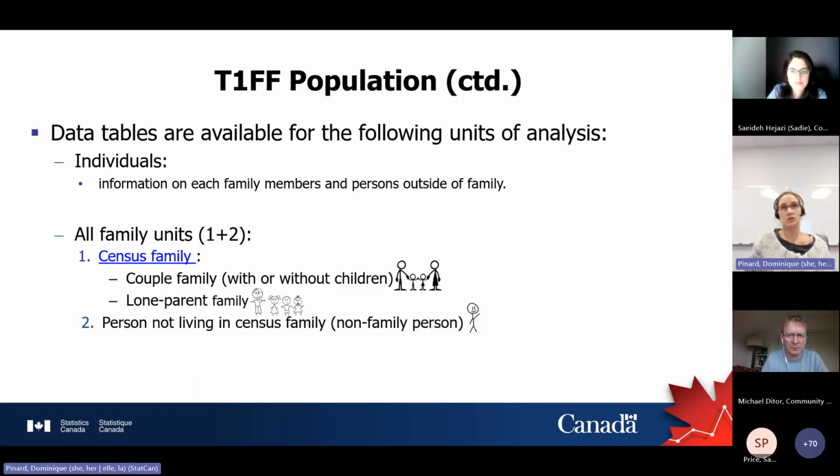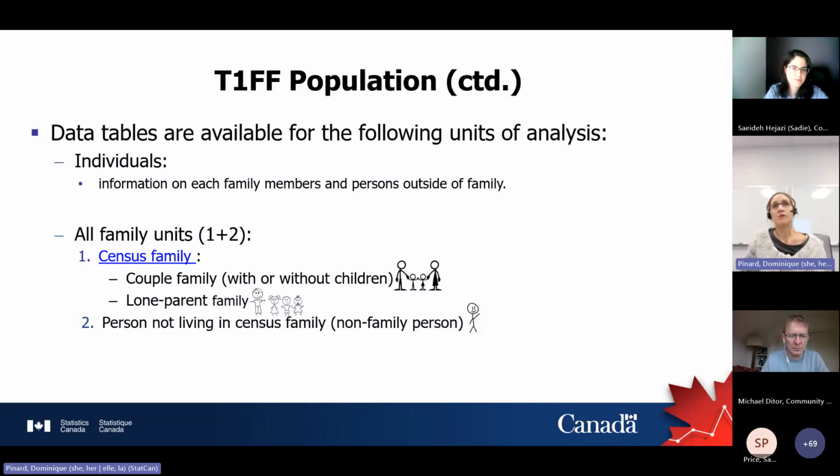It doesn't mean that they're living by themselves; they're an attached individual, but it means that we were not able, based on the information that was available, to assign a spouse or a kid, or the parents, to that person. Then the other part of that unit of analysis is the census family.